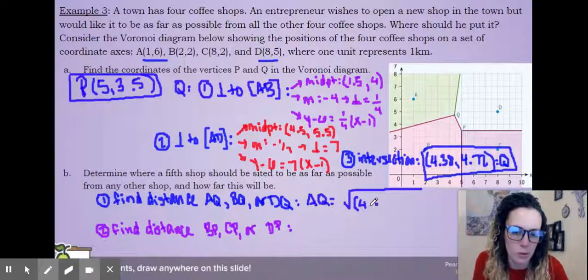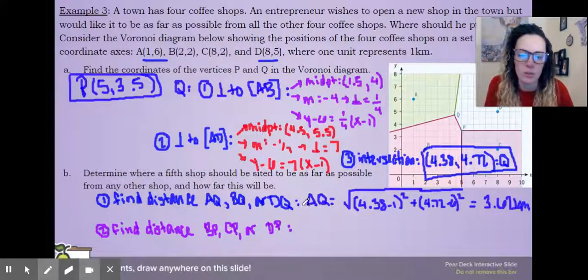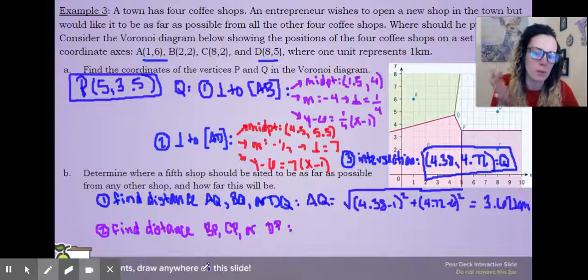Doesn't matter the order, because I'm going to square it, plus the difference between the y's squared. And working that in my calculator, I get around 3.62 kilometers.